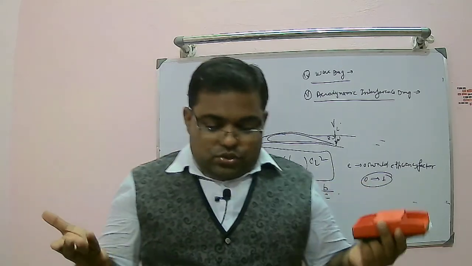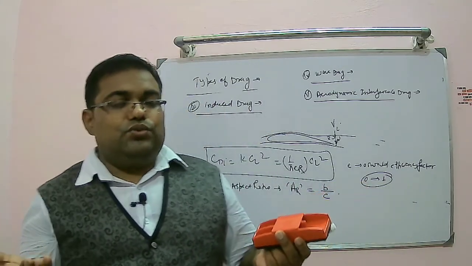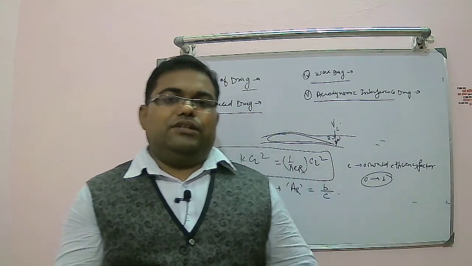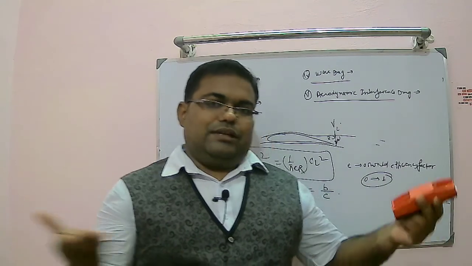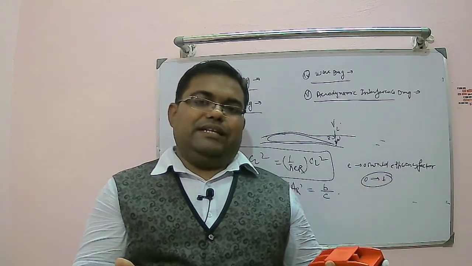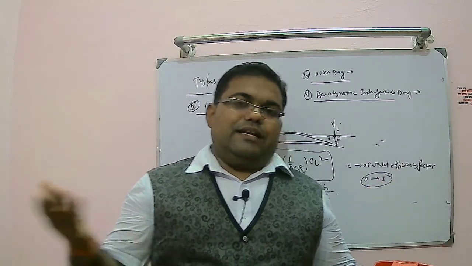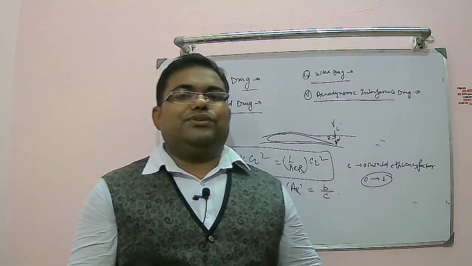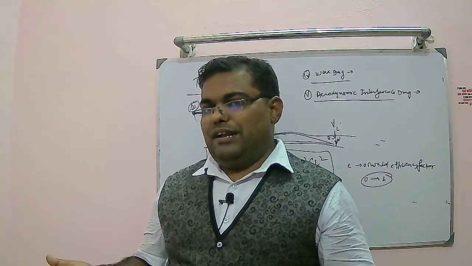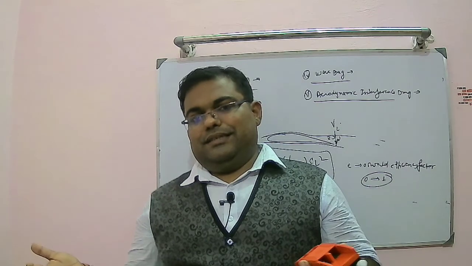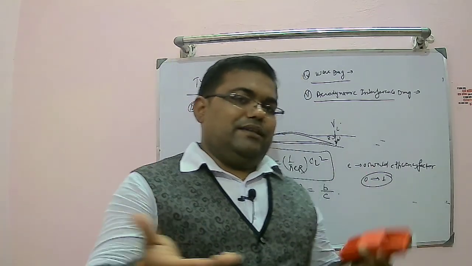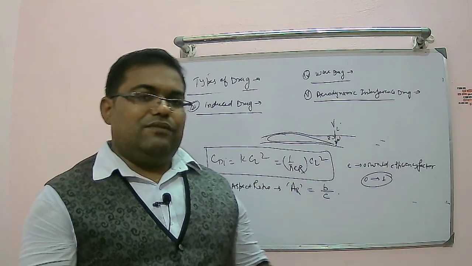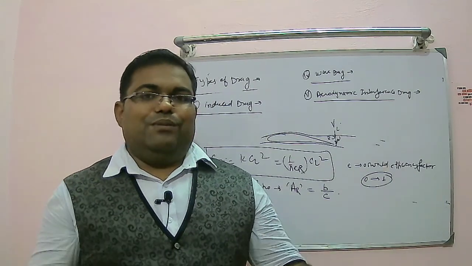That's why when two aircraft are passing, they keep a lot of distance between them, around 200 feet. If they are closer, even 100 feet, the second aircraft will experience a lot of disturbance due to the airflow interference between the two planes. So a lot of spacing is required when two aircraft are passing. It's not like a land-based application, where one truck is going and another truck is moving parallel to it.